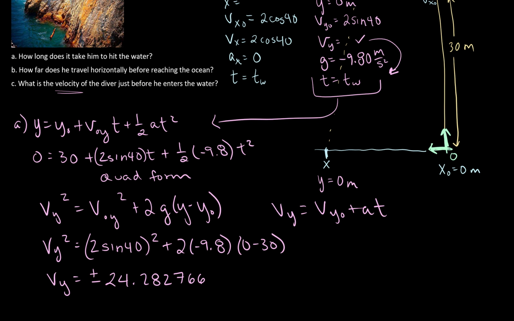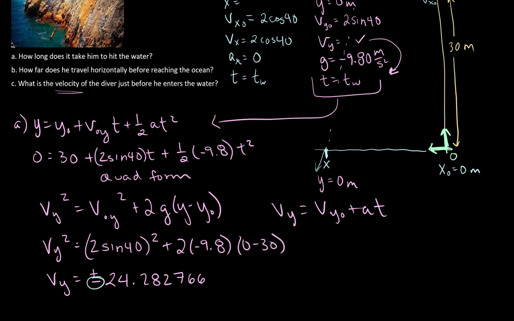Let's think about this. Remember we said, like in math, we always have 2 answers. In this case, we would say plus or minus. In physics, that really doesn't make sense. We have to choose whichever one makes sense for the problem. Here, we know that the diver is going to be traveling downward when they come into the water. So we know that the y component of that velocity is going to be negative.